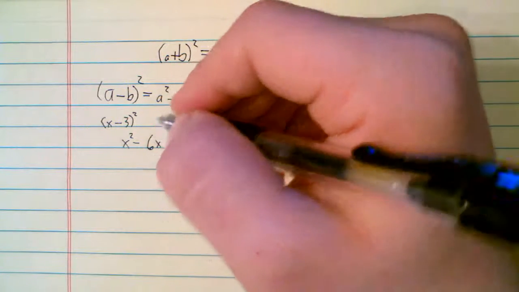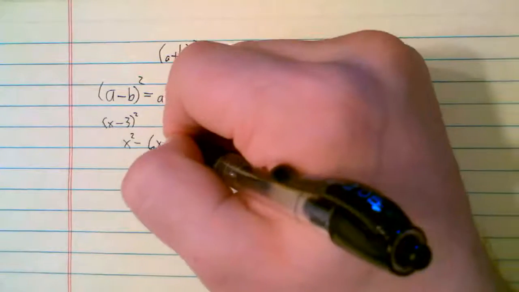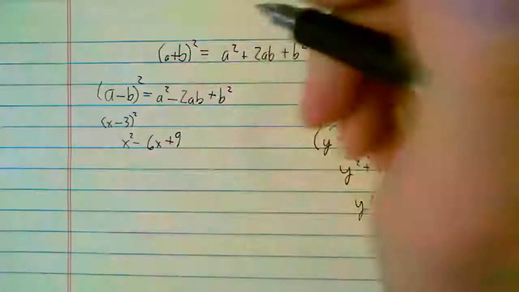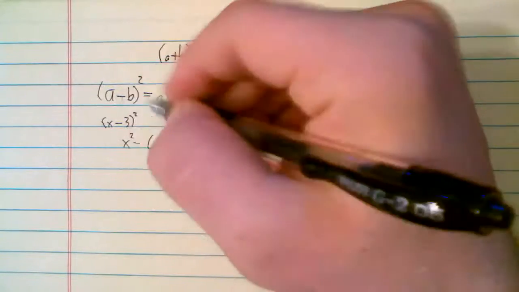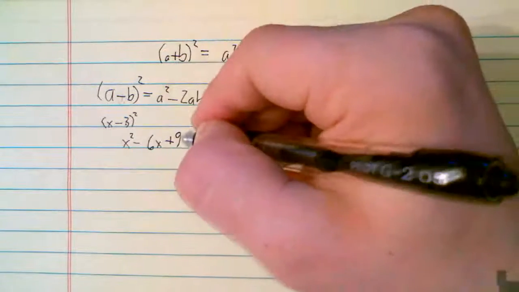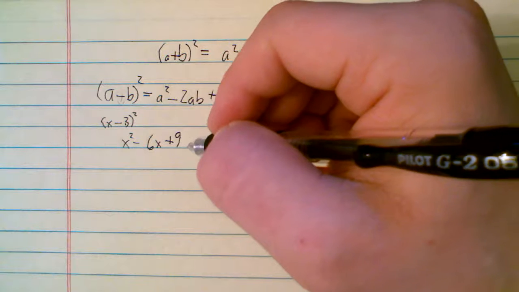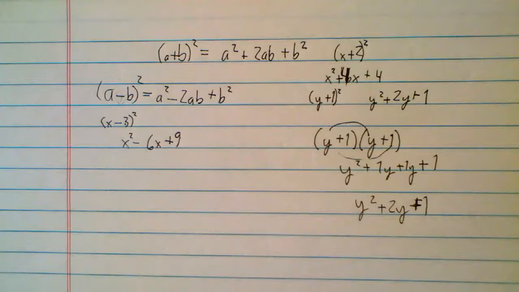And with that, we also take 3 times 3, because that's our last one. That'll be plus 9. Because this is a negative, a negative times a negative, because you're taking this times each other twice, will give you a positive. That's why we have that. And that is your answer. So that's how you do a subtraction on those.